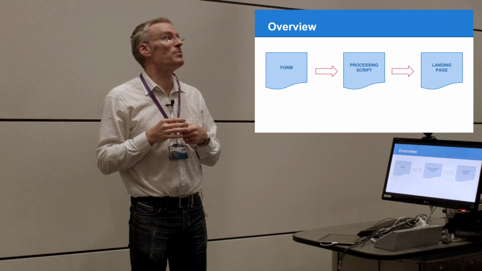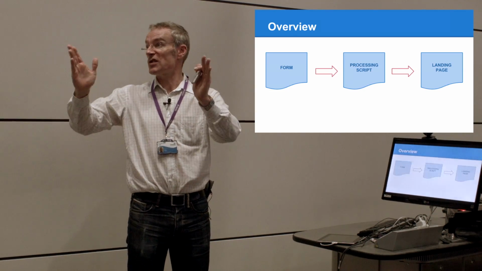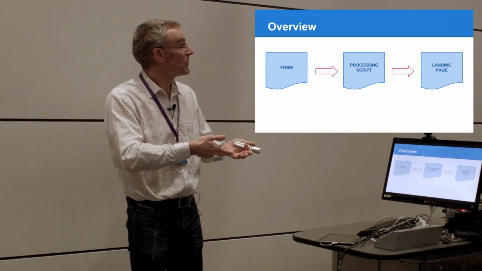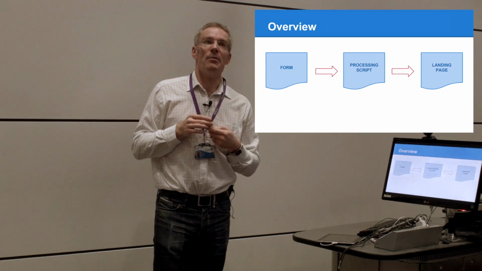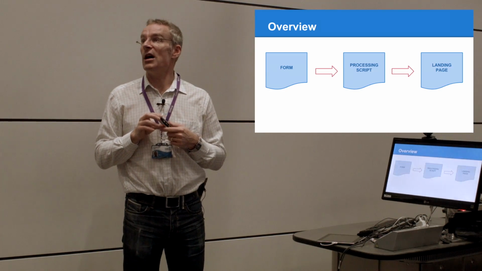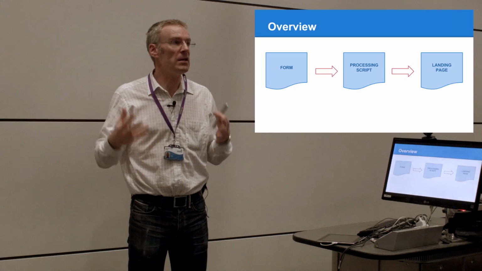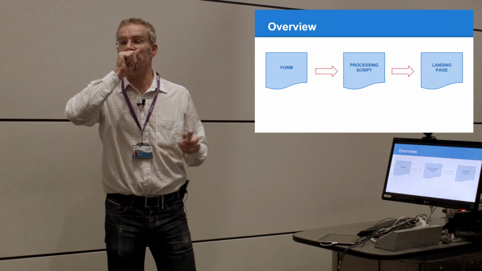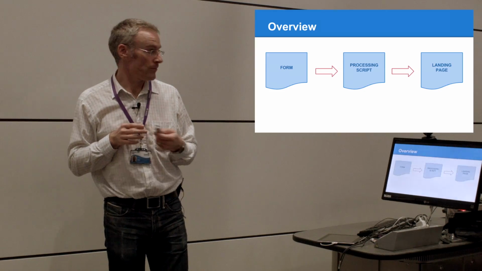Or the landing page might be a summary view saying this is the item you just added to the list. Click here to go back to the list view. So the three-step process is the way I would recommend doing this. It's clean, it separates out the different functions into different scripts, and it makes your debugging a lot easier.